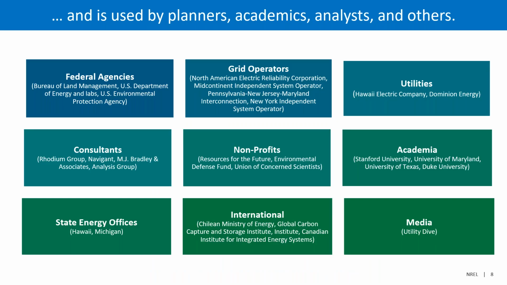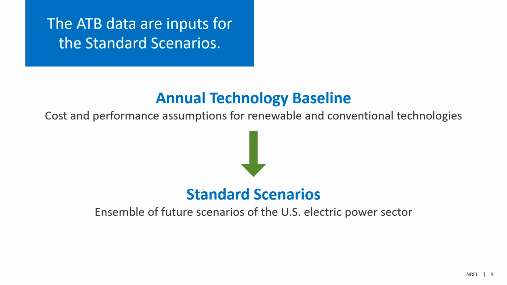And in addition, it's used by a whole variety of other parties for a variety of analytic purposes. A major use at NREL is in the standard scenarios report, and my colleague Wesley Cole will offer a standard scenarios preview at the end of this presentation.